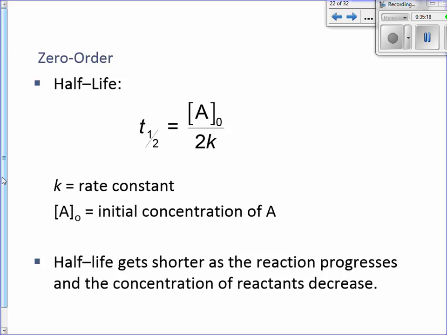Now for the half-life. A little bit more confusing, where you have the concentration being divided by 2 times the K, or the rate constant. Half-life now is going to get shorter as the reaction progresses. As the concentration of the reactants decreases, your half-life actually gets shorter.